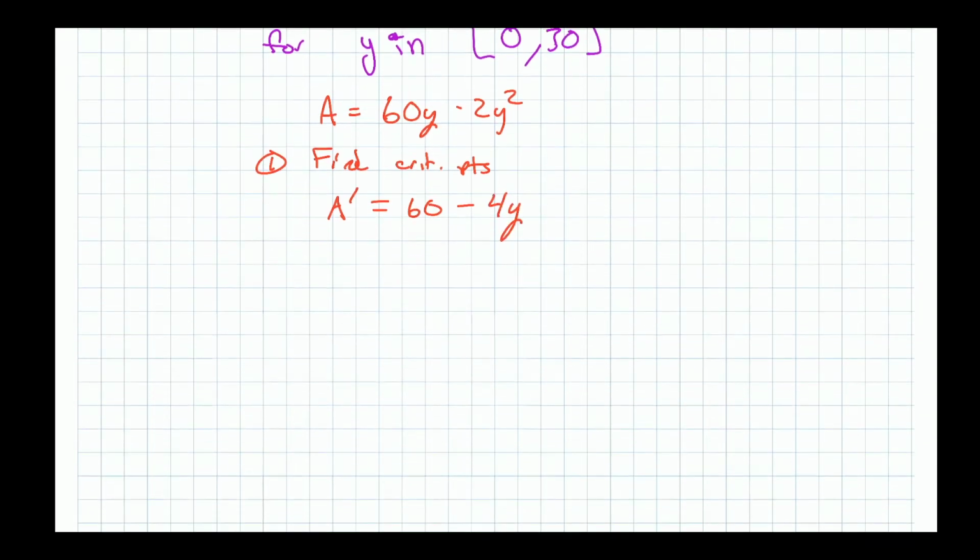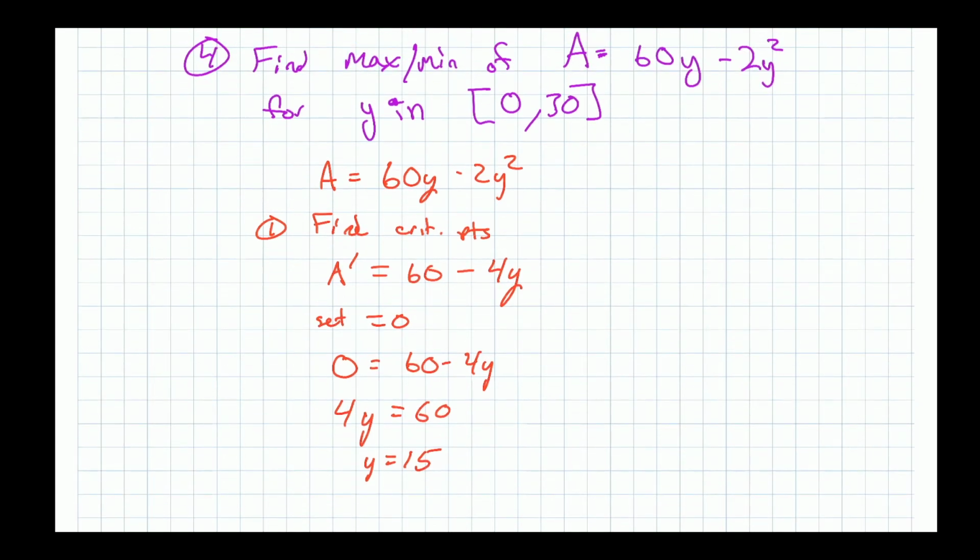We set this equal to 0: 0 equals 60 minus 4Y. So 4Y equals 60, so Y is 15. We got the Y. That's a critical point.